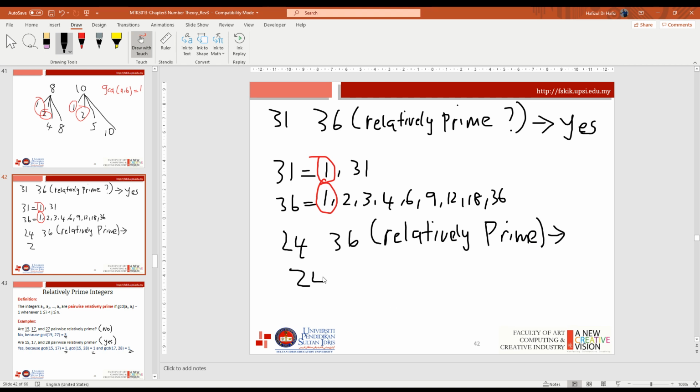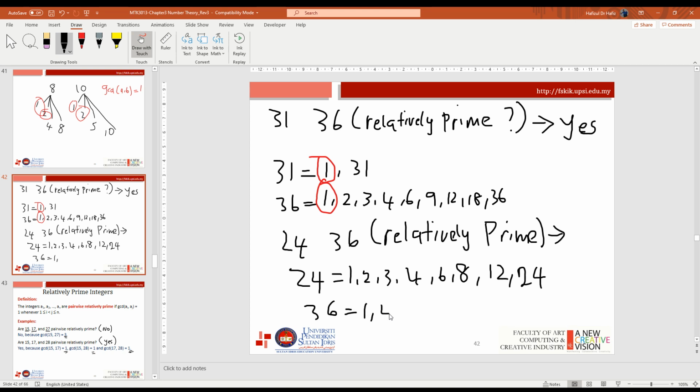For 24, we got 1, 2, 3, 4, 6, 8, 12, 24. For 36, we got 1, 2, 3, 4, 6, 9, 12.